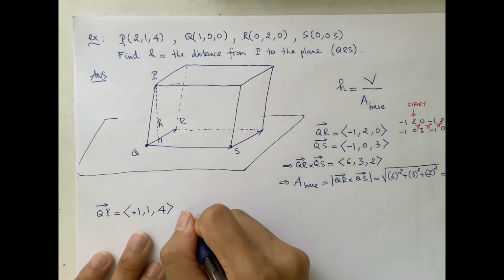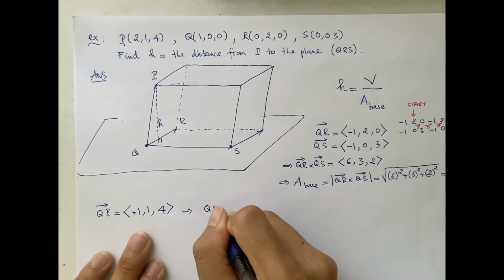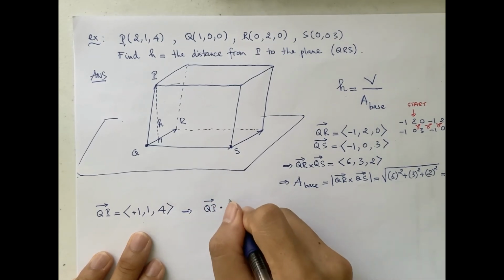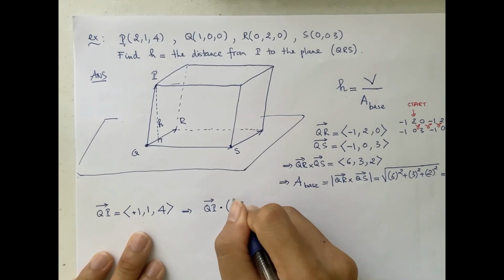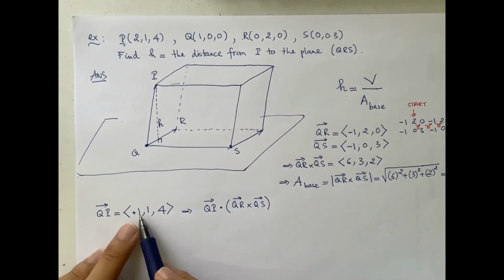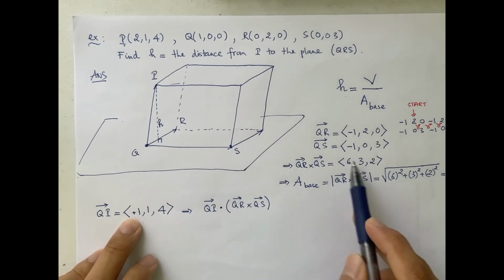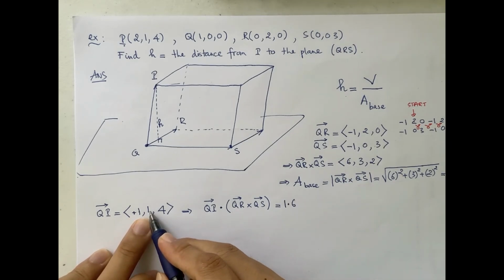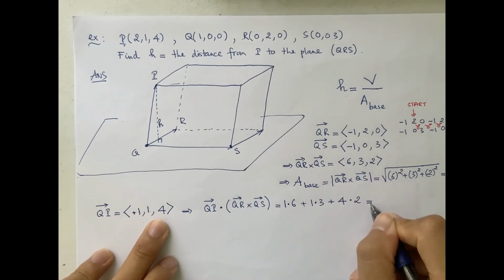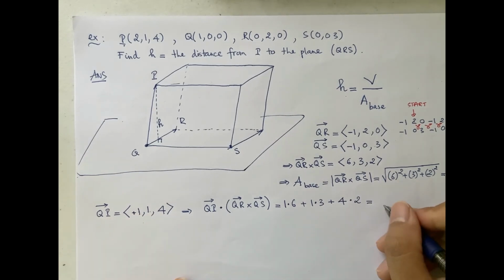Alright, then next we want to find the dot product between this vector and the vector created from the cross product of QR and QS. So that means you will have to multiply 1 with 6 plus 1 times 3 plus 4 times 2, and that would equal 17.